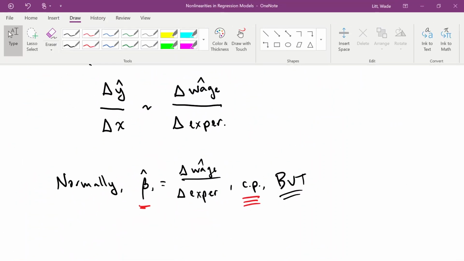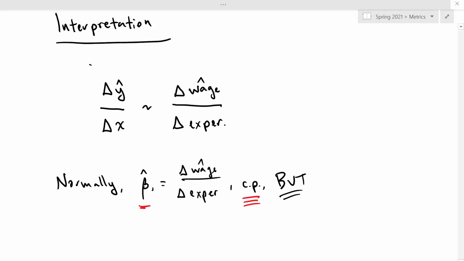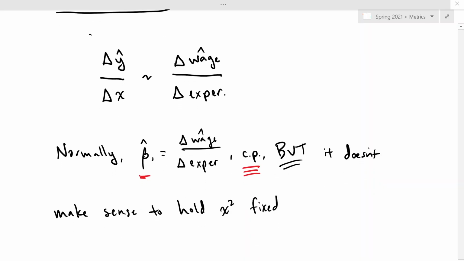So the problem is that it doesn't make sense to hold x squared fixed or constant when changing x.